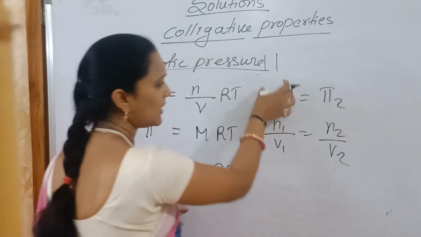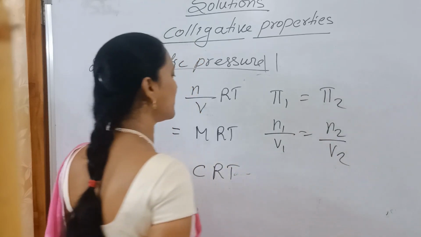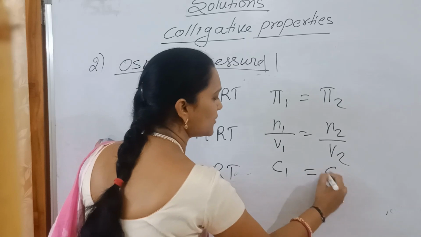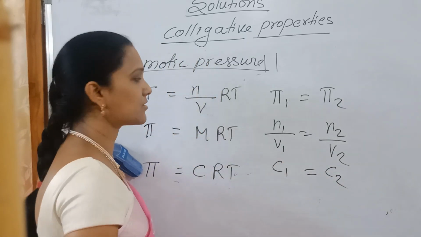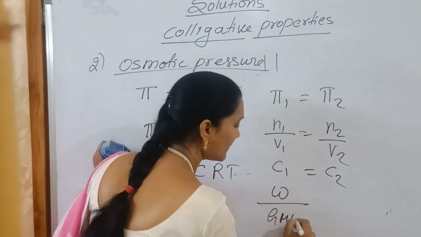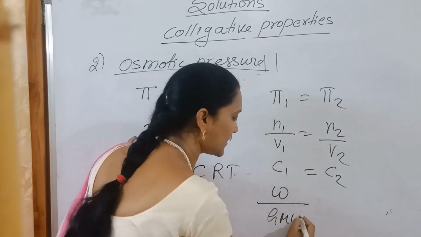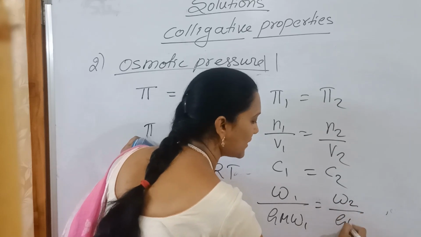Otherwise, instead of this we can take C1 equal to C2. Osmotic pressures are similar, concentrations are also similar. Number of moles means mass by gram molecular mass. If volume is constant, then mass by gram molecular mass of one is equal to mass by gram molecular mass of another one.